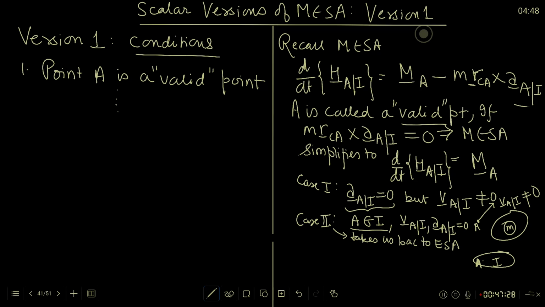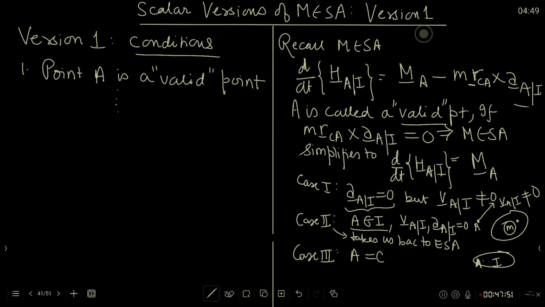Third case, A is a valid point. What else can happen? A is C. The point A, which I wanted to take, is actually the center of mass.